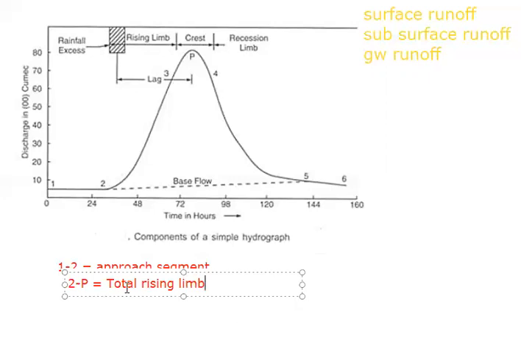Now the peak flow, the highest flow in the stream, is the crest point P.